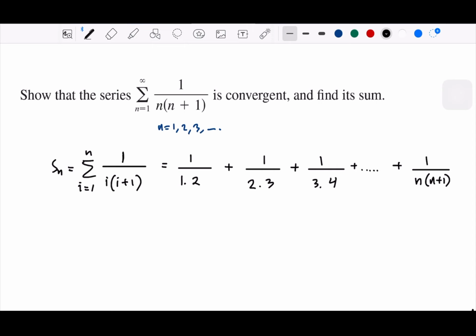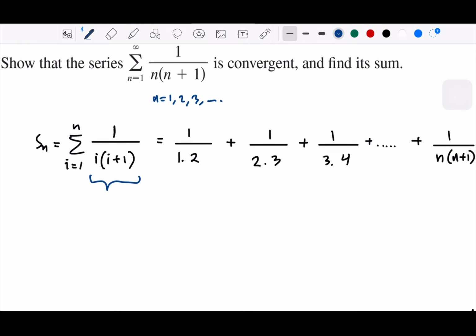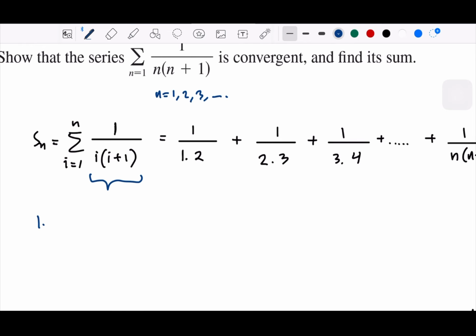Now perhaps we could simplify these terms. Take partial fractions. Do you remember partial fractions?